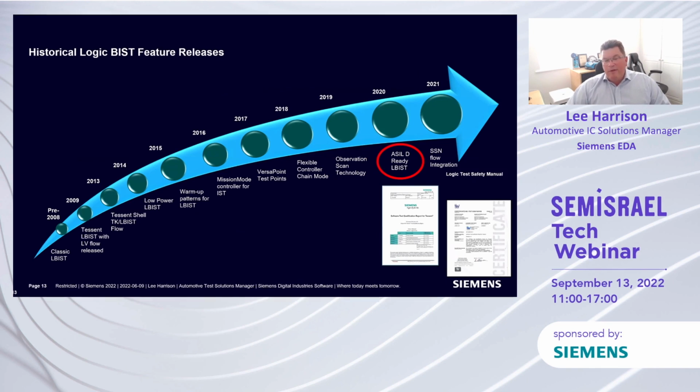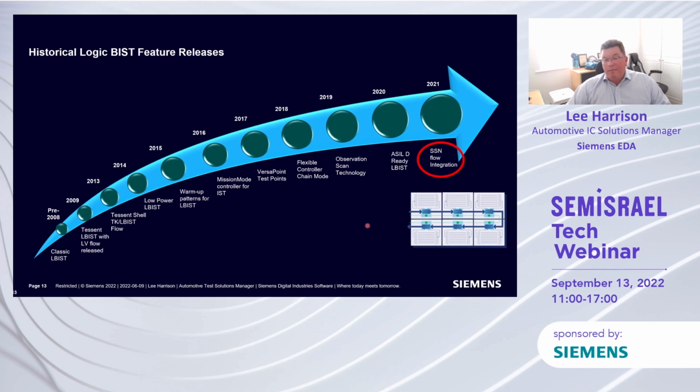And then more importantly, for those people doing automotive designs, we also took our in-system test IP completely through the ISO 26262 certification process, right the way up to that highest level of certification, which is ASIL-D. So anybody picking up our test IP and using that within their automotive device can be rest assured that the IP itself that we generate for logic BIST and memory BIST and our in-system test controller are already ISO 26262 certified.